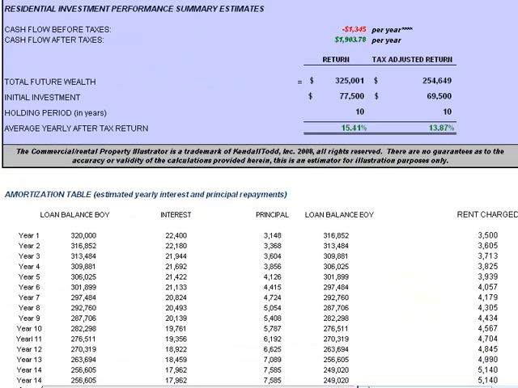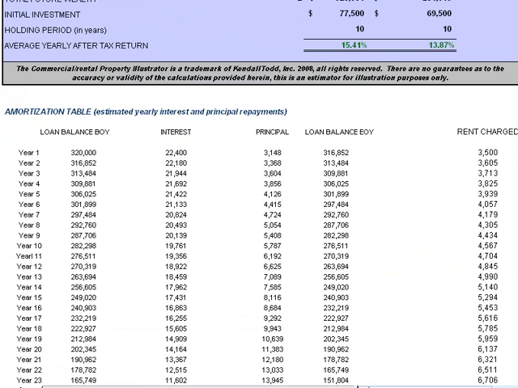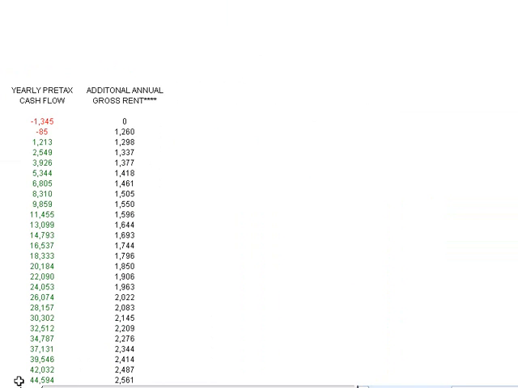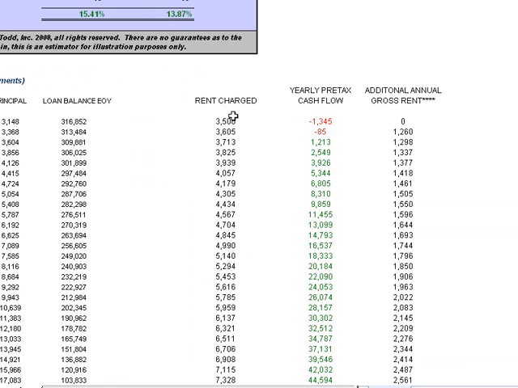Now you have all of the AM tables below. If you print this, it's just going to print these upper pages, but I can actually see here the amortization table on my loans. I can also see the adjusted rent, because again, we looked at this and said, hey, we got to adjust this rent over time. So if you wanted to look at my rent charge going up each month, I can see that.